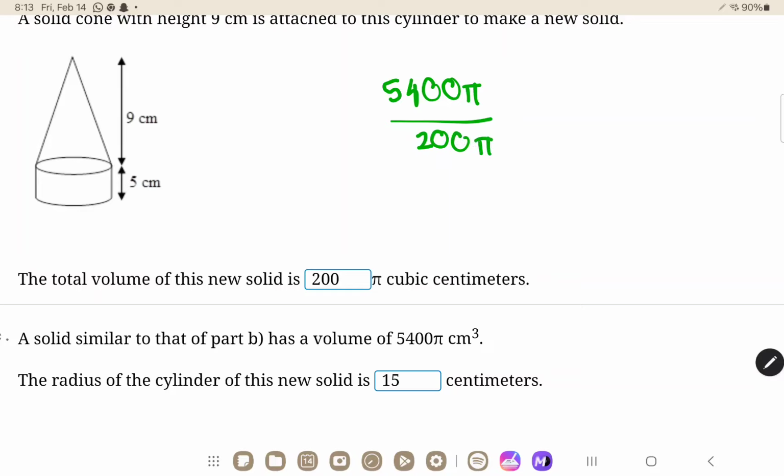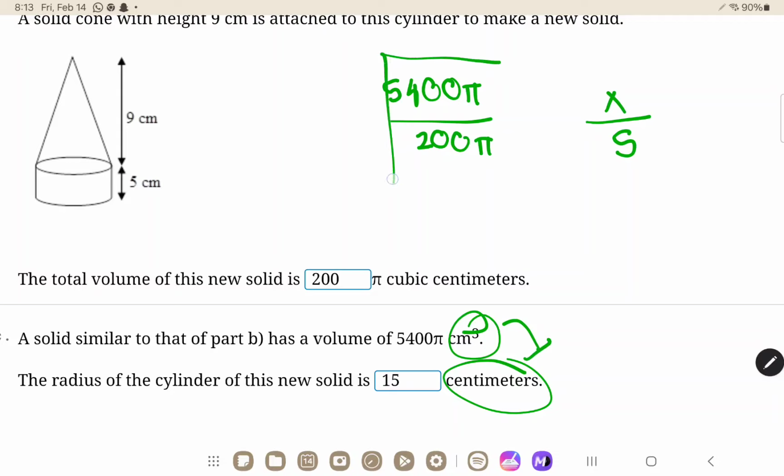Now you want the radius of your new solid, which is x, and your old radius we found to be 5. You might say, let's just cross multiply. No, because this is in centimeters cubed and this is in centimeters. So if you want the centimeters cubed to become centimeters, you take the cube root.